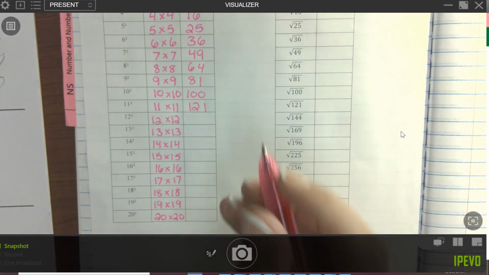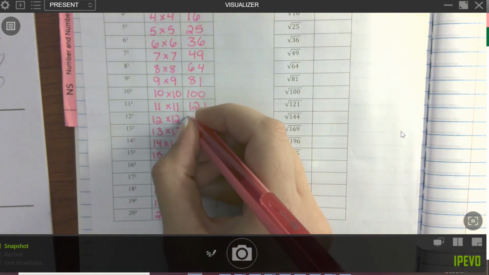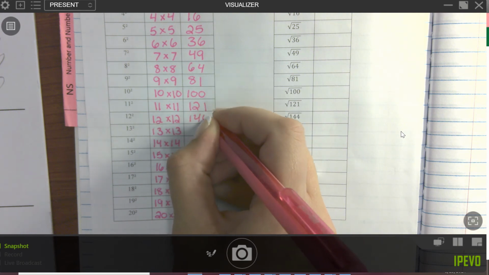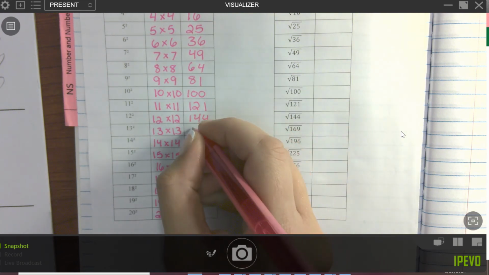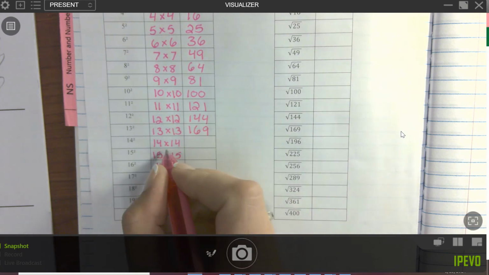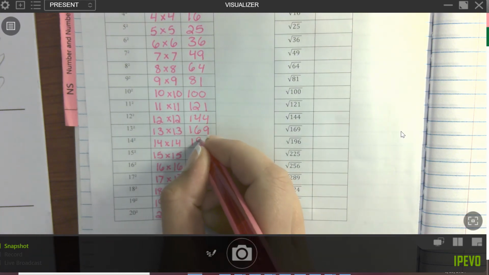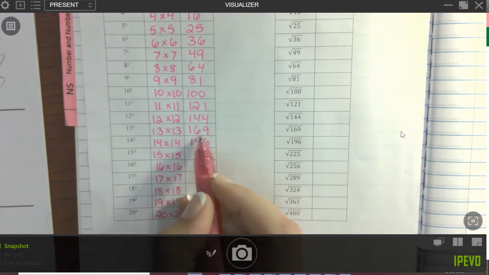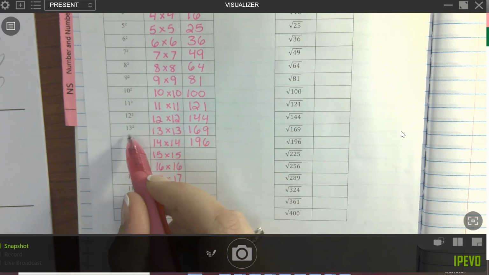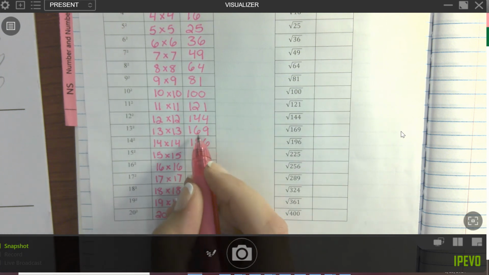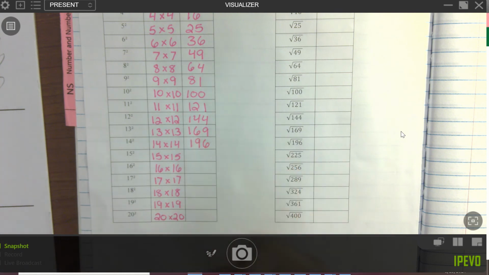12 times 12, or 12 squared, would be 144. 13 squared, 169. 14 squared, 196. I remember these two, 13 squared and 14 squared, are very similar. It's like you flip-flop those last two digits around.